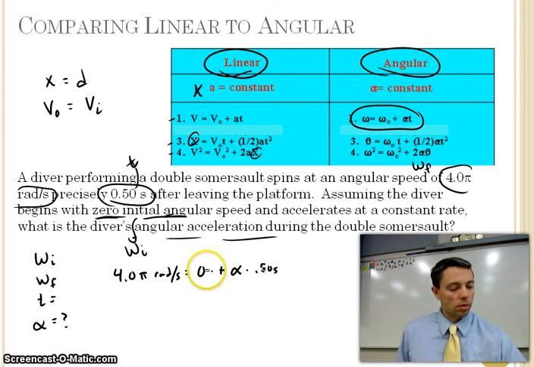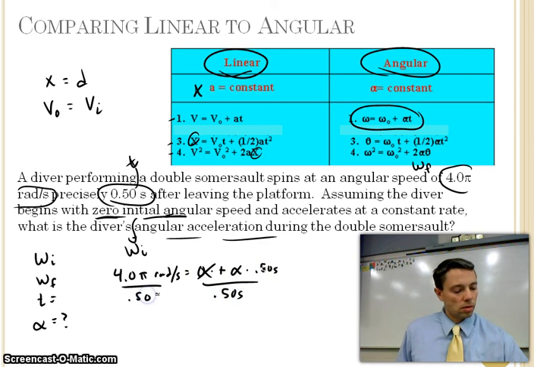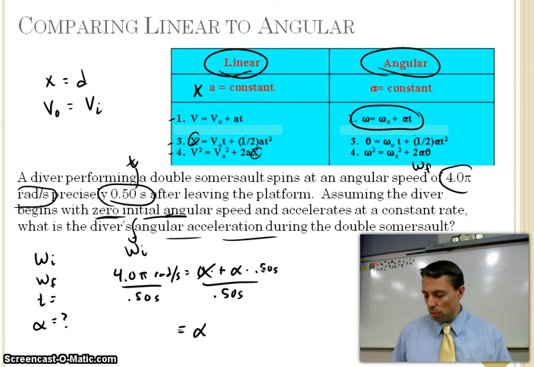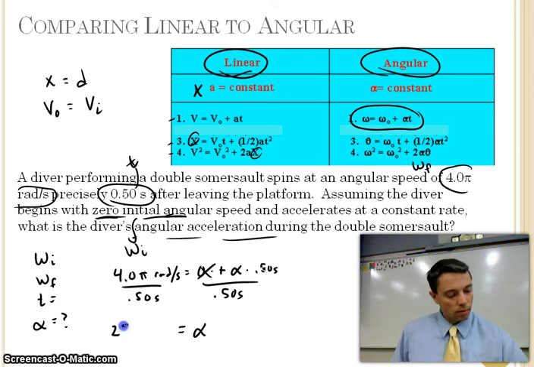So now I'm just going to divide by 0.50 seconds, and my angular acceleration comes out to be 4 times pi divided by 0.5, 25.12 radians per second squared.